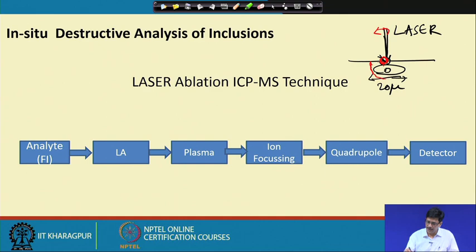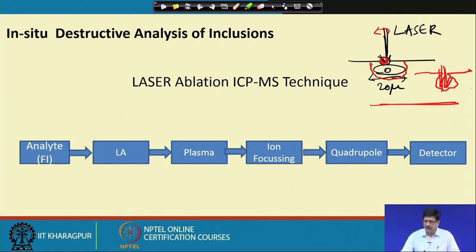Essentially what will happen is that what was initially the surface of the wafer will create a kind of hole or crater.